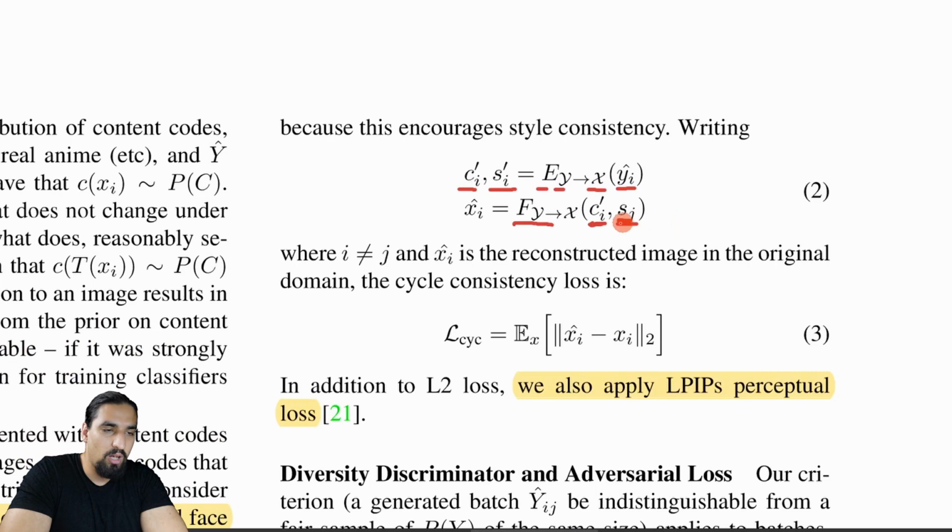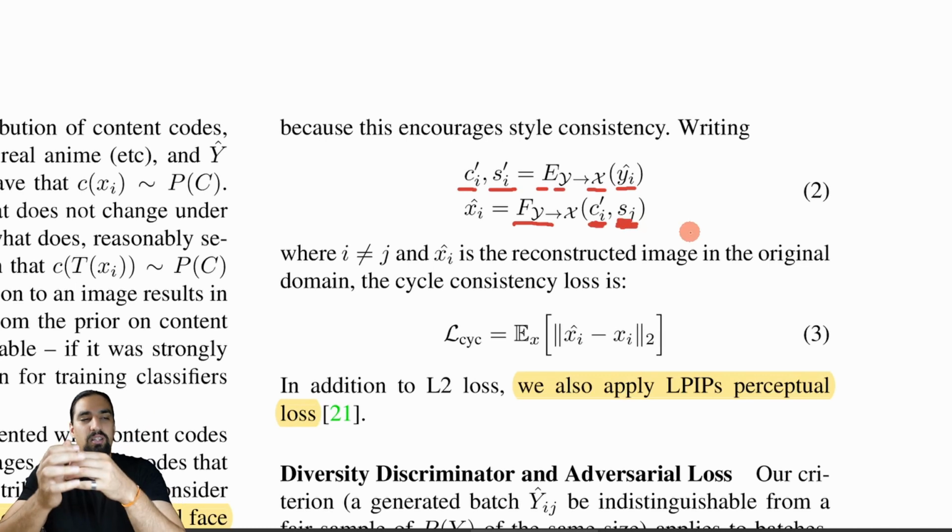A minor detail here is that, as you can see, C comes from the ith image, but the style vector comes from the jth image. What they did by doing this is basically they are additionally encoding, so this cycle consistency loss can also have the style consistency loss mingled in.